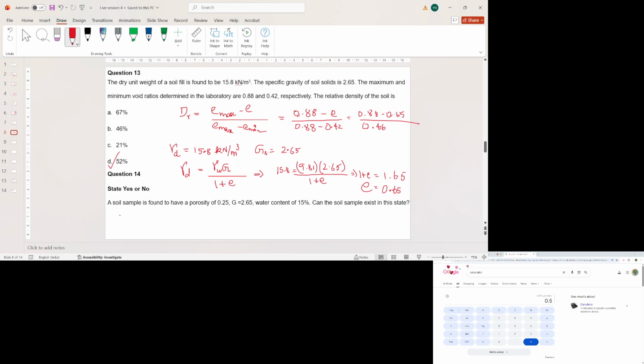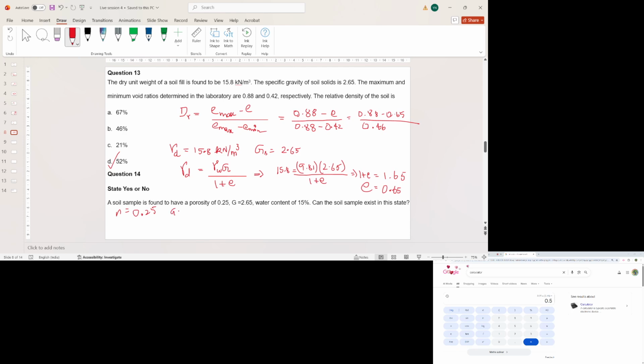A soil sample is found to have a porosity of 0.25, G is 2.65 and water content of 15%. Can the soil sample exist in this state? What are all the details we have? We have porosity 0.25.